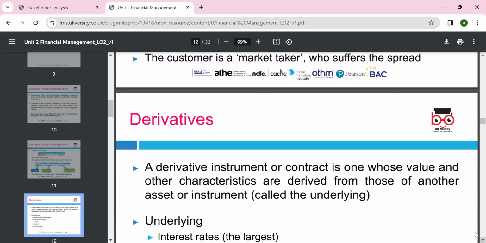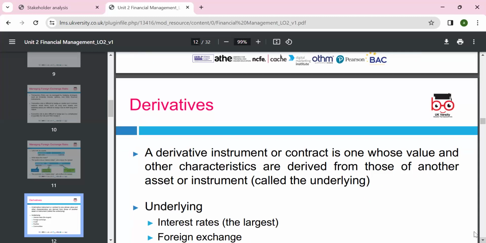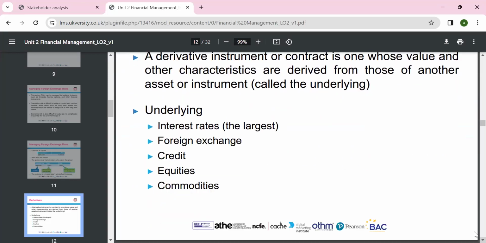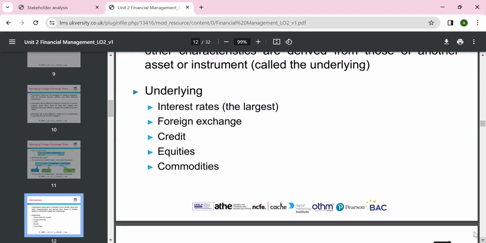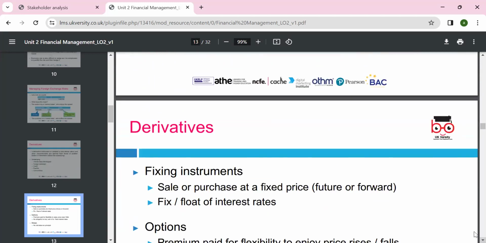Okay. A derivative is an instrument, a contract, whose value and other characteristics are derived from other assets or instruments, called the underlying, like interest rates, foreign exchange, credit, equities and commodities.